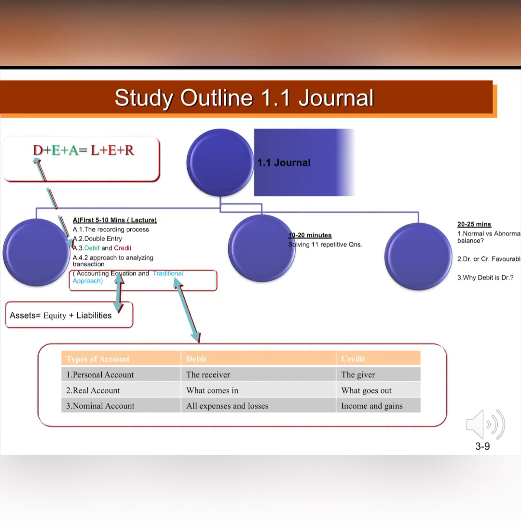So we focus on this golden rule. If you want to remember, remember this: debit the receiver, credit the giver. What comes in, debit; what goes out, credit. All kinds of expenses and losses are debited. All kinds of incomes and gains are credited.